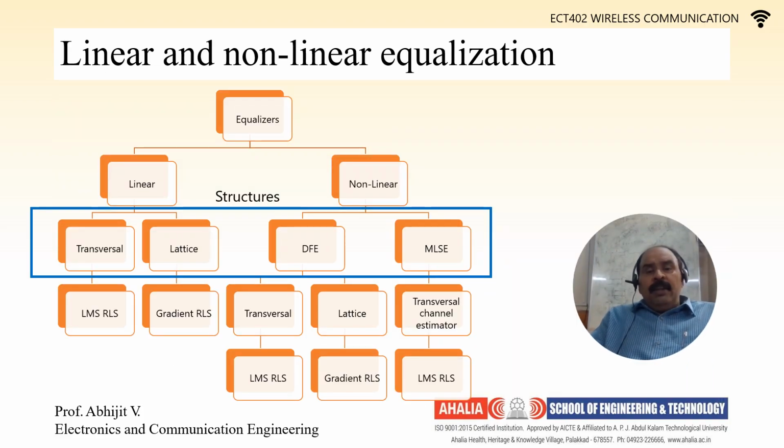So here I'm giving a basic block diagram of different types of equalizers. Equalization techniques can be broadly classified into two: one is called linear and the other is non-linear.